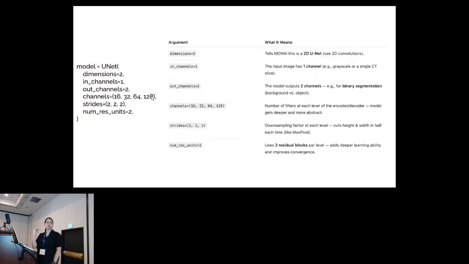So the deeper the model gets, the more abstract it gets. For example, we started off with 16. After 128, I could also add 256, and it will go one more level deep and try to figure out what's happening in the image. So that's how we specify what the UNet model is going to look like.